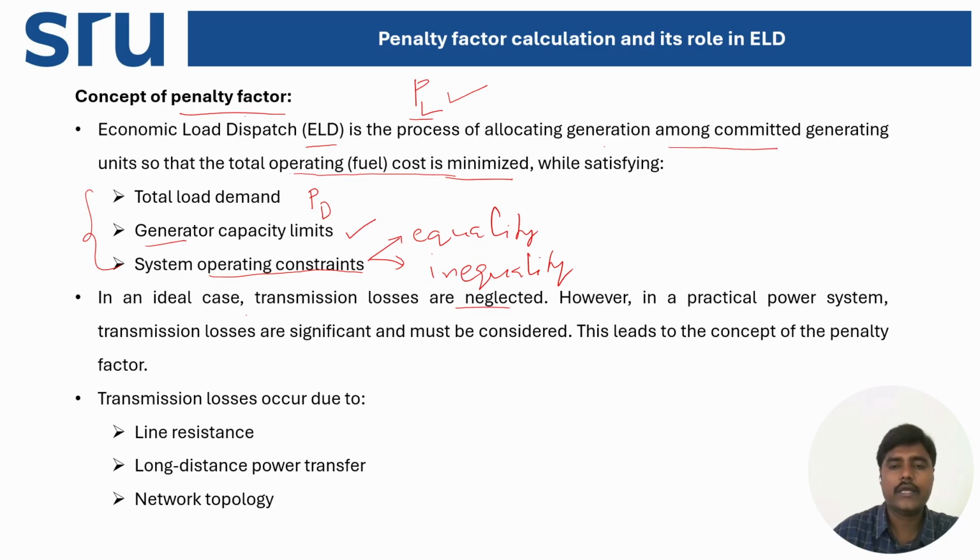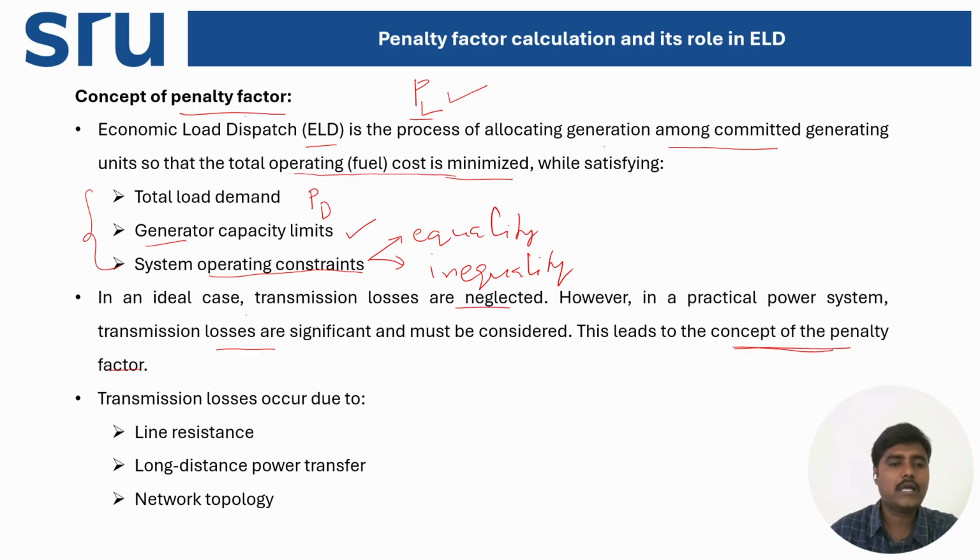However, in a real power system, the transmission losses cannot be neglected. So obviously you have to consider the transmission losses when you consider a real power system. That leads to the concept of penalty factor. When you consider the losses, only then do you need to consider penalty factor. When you don't consider transmission losses, there is no need to consider penalty factor.